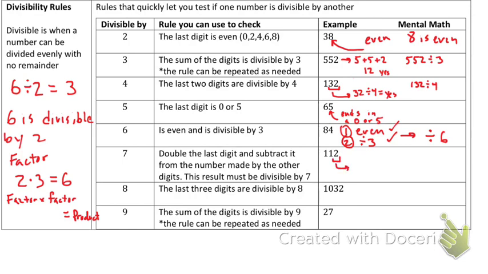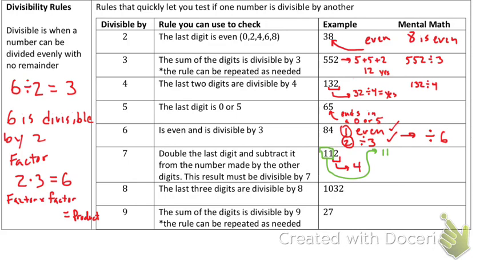So when we double 2, we get the number 4. Okay? Once you get that number, what you're going to do next is take the other digits, and that creates a number, and the number it creates is 11.